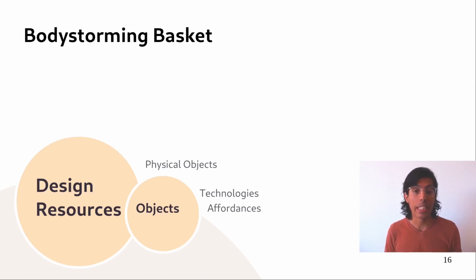According to insights in the technology subcategories, we recommend either using physical objects to simulate digital technologies or adding simple electronic gadgets like toys for humans or pets that can help think about the interactivity and feedback of technology. Finally, from the subcategory of affordances, we emphasize thinking about the affordances that each of these objects in the bodystorming basket can support.